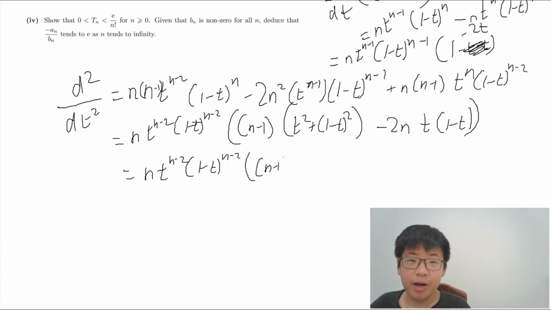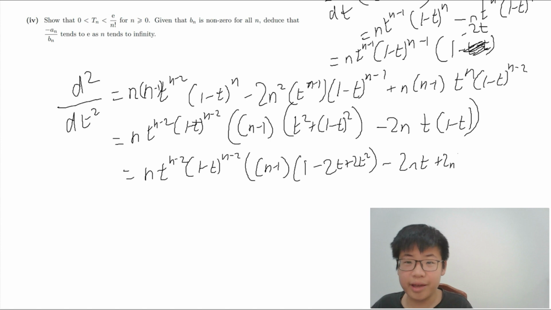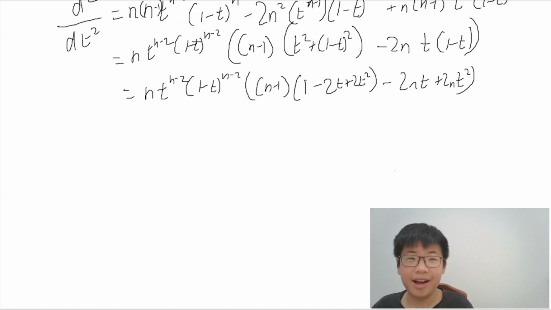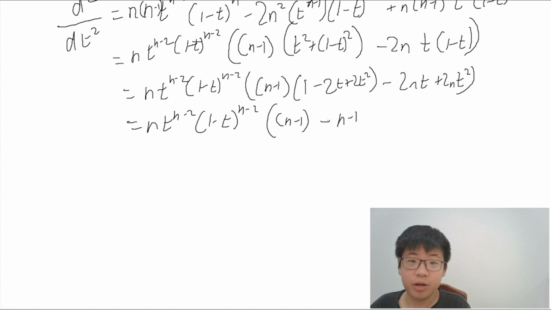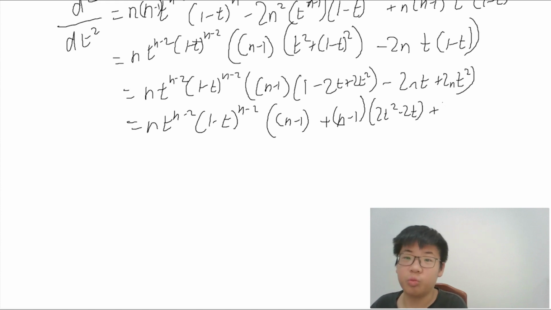So n minus 1, 1 minus 2t plus 2t squared minus 2nt plus 2nt squared. Now this is where it gets really interesting, and I mean it. So nt, n minus 2, 1 minus t, n minus 2, and then n minus 1, actually plus, so 2t squared minus 2t, and then we have another n minus 1.